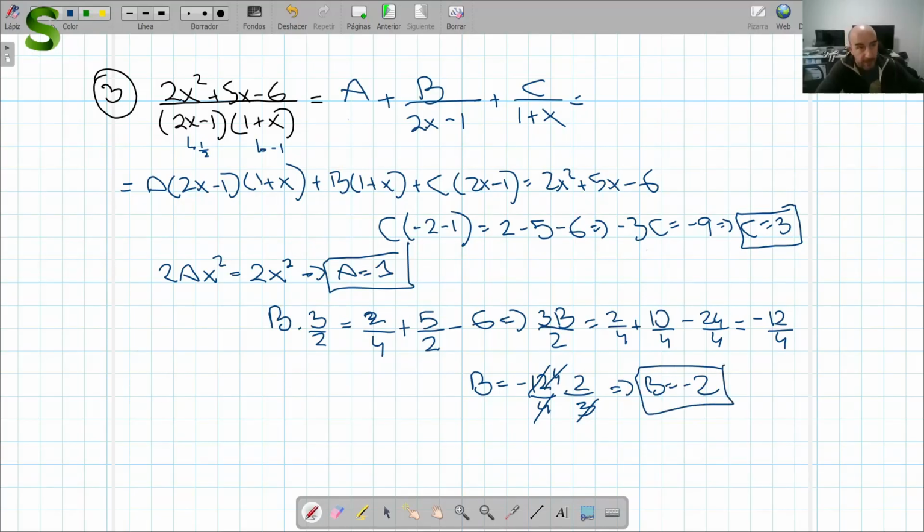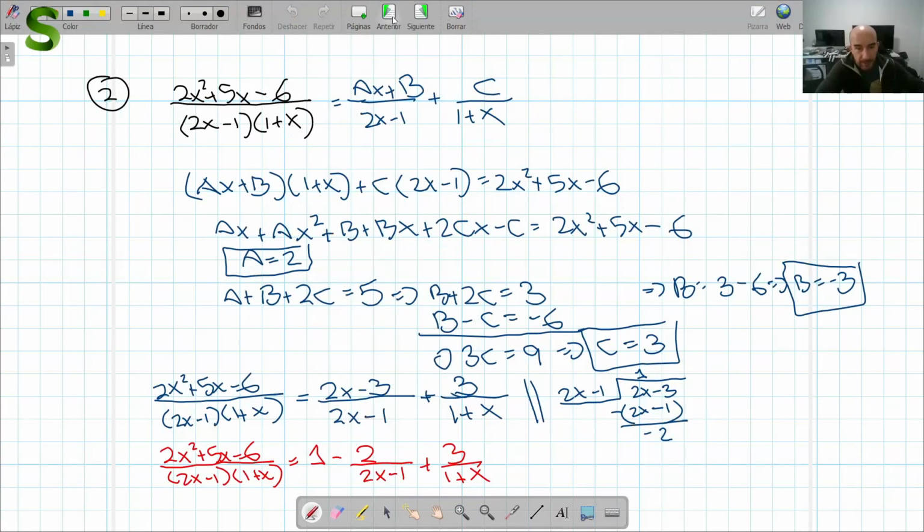And so we get the same expansion that we had before, 2x squared plus 5x minus 6 divided by 2x minus 1, 1 plus x equals a, which is the real part, plus b, which is minus 2, divided by 2x minus 1, plus 3 divided by 1 plus x, which of course is the same as the two expansions that we had before.